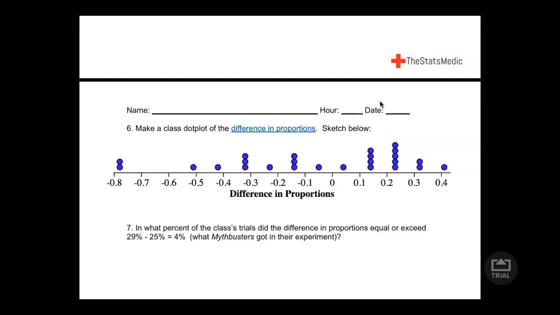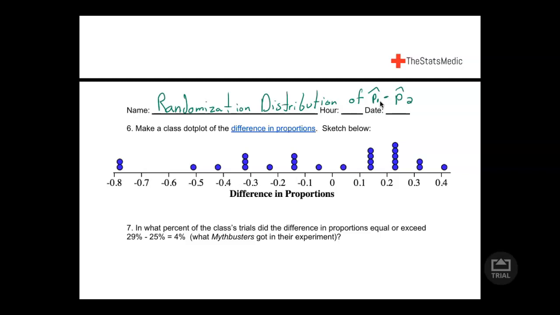We would call this, and I'll write it up here, a randomization distribution because it was an experiment, not just a sampling distribution. So it's a randomization distribution of the difference in proportions. In this case, it was p hat 1 minus p hat 2.